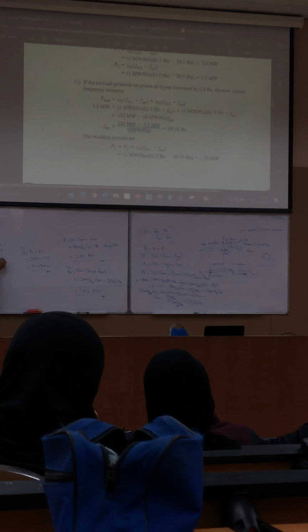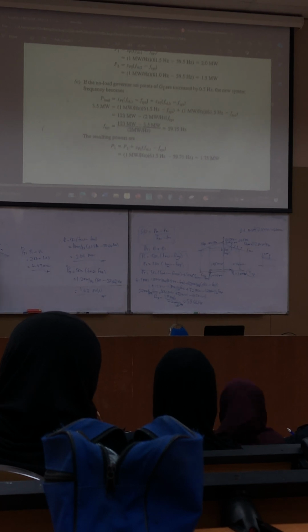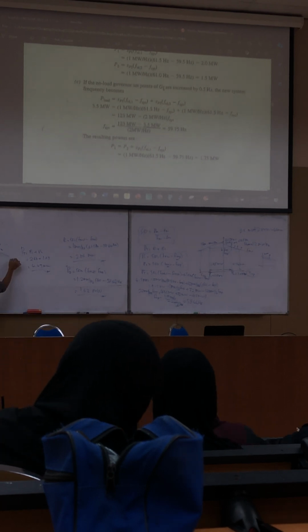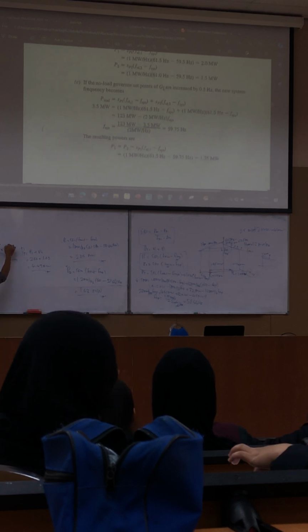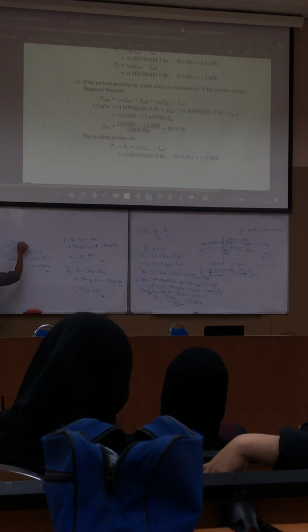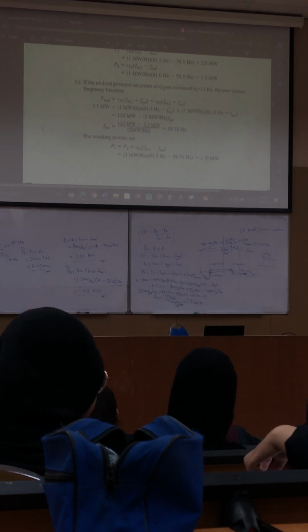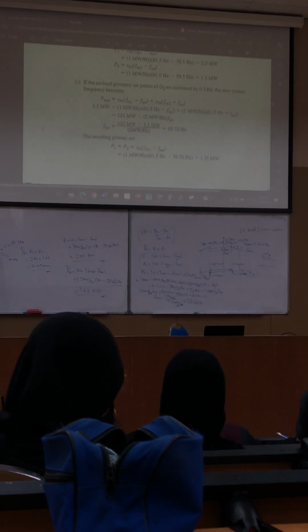Now, at the same sharing, we increase this roof. How much increment? 0.5 hertz. So instead of 60.0 becomes 60.5 hertz. That's all. The height of this roof will increase.